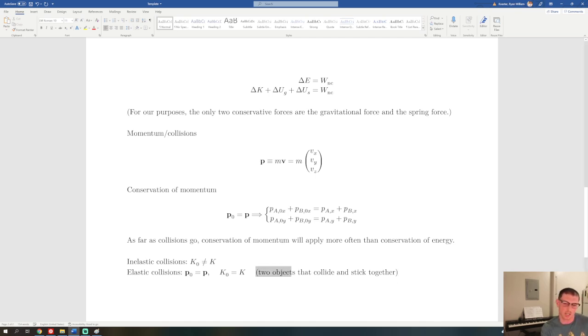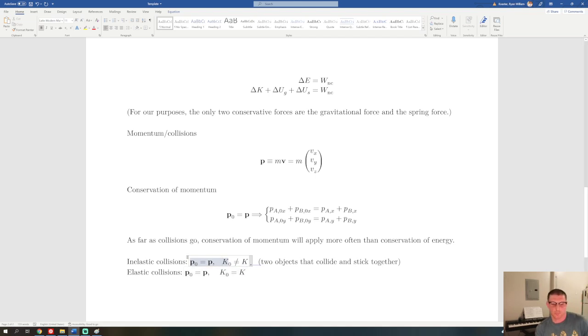No, sorry, this would be an inelastic collision, my bad. I confused myself there. So if you see a collision where two objects collide and stick together, you know that you can't apply conservation of energy, but you can apply conservation of momentum. And conservation of momentum will work for you more often for problems involving collisions than conservation of energy.